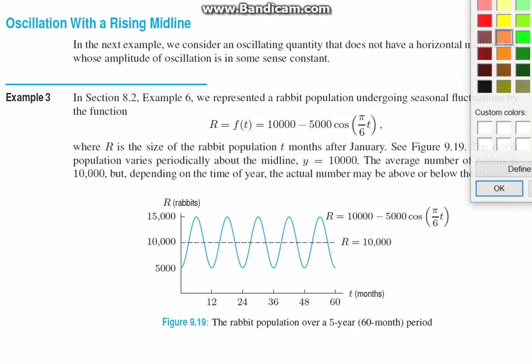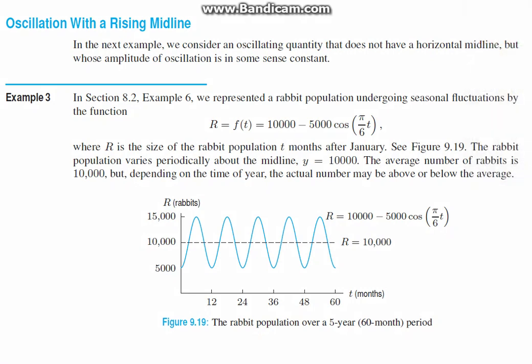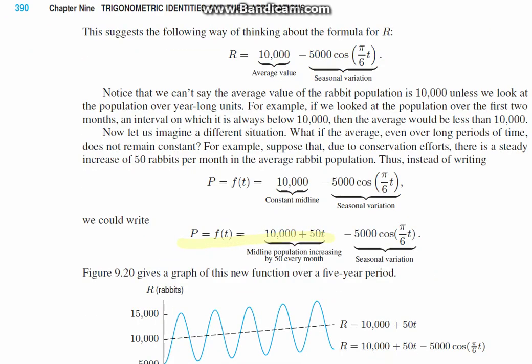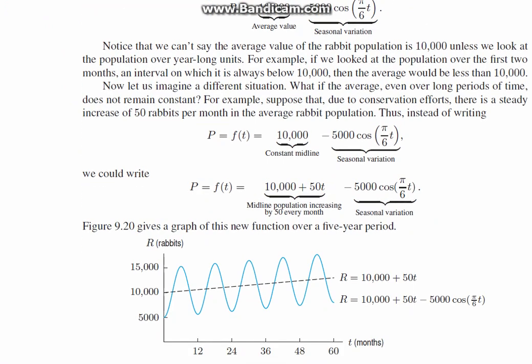Continuing on, now we have an oscillation with a rising midline. So what is that? If we take a look here, we can know that the midline is r equals 10,000. That's not hard to know. But when we have a damped oscillation, the problem is that as the value gets larger, from r equals 10,000 plus 50t, as r equals 10,000 plus 50t minus 5,000 cosine of pi over 6t, the midline is also going to rise with that graph at r equals 10,000 plus 50t.